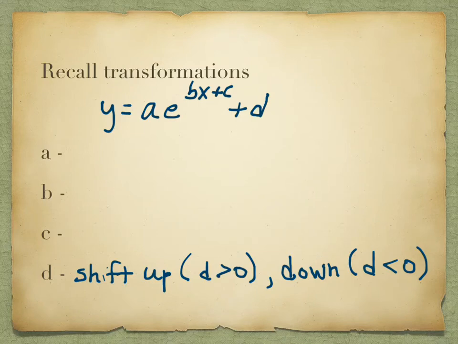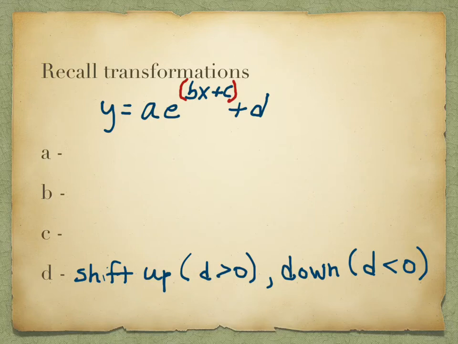So we'll just go backwards. What about C? If adding a value to the outside shifts it up and down, what does adding a value to the inside? Notice you have an inside here. It's right here. It's inside with x. So what will happen if you add a value inside with x? That's what we just did. It was vertically.